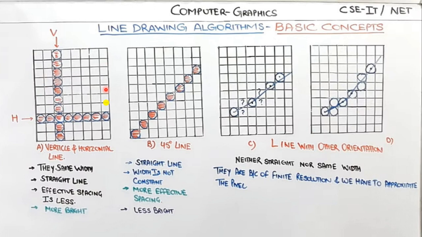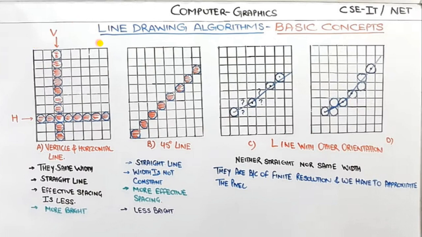Here this is the CRT screen of the raster scan display, and the screen is of grid shape, and in each grid the pixels will be there. You can see the pixels here. How the line drawing algorithm is done in the raster scan display, we will discuss in this video.